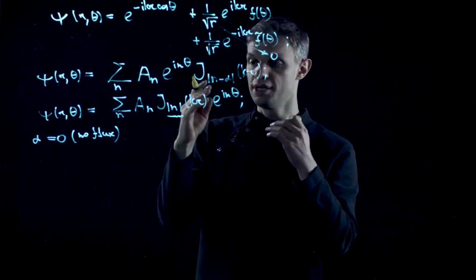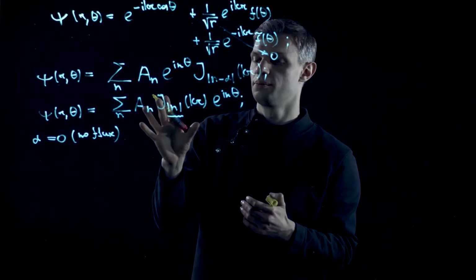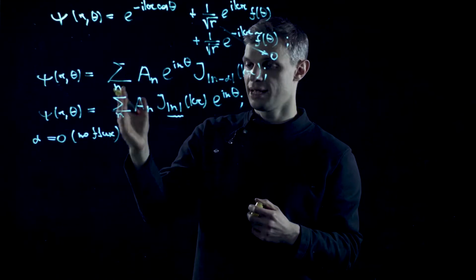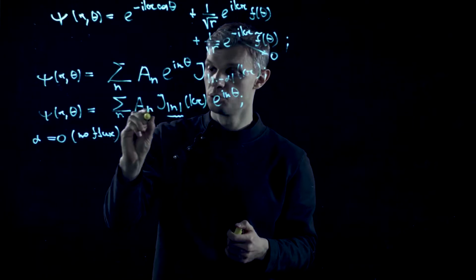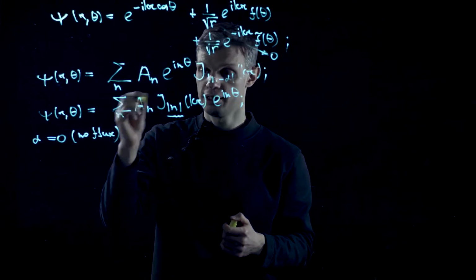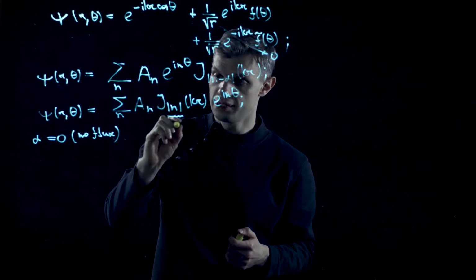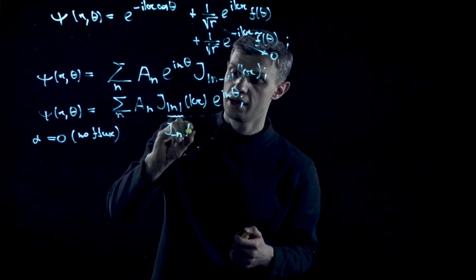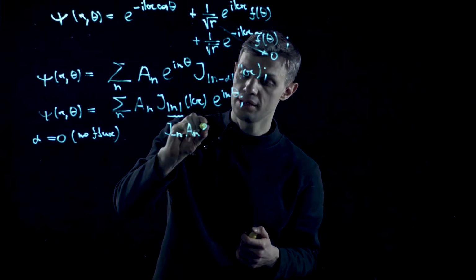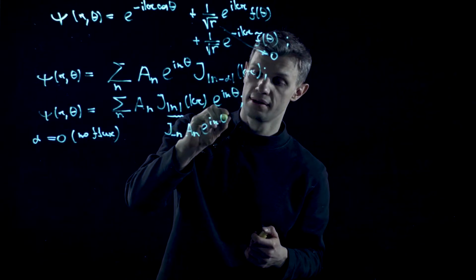Why? Because for integer n, the Bessel functions with index n and minus n are related to each other. For example, if we write this sum for positive and negative n, the sum for negative n will look like a minus n e to the i n theta.